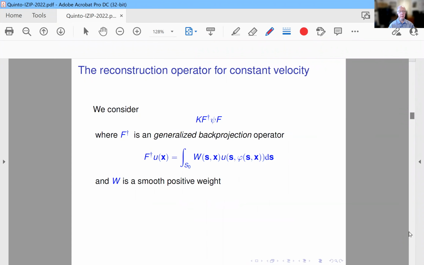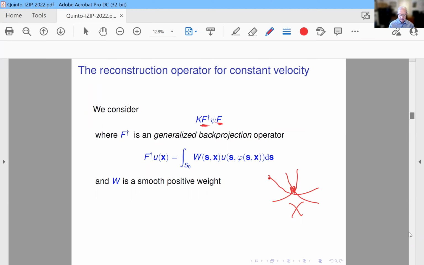And so the reconstruction operator, this is the operator we developed in an article of ours in 2018. We consider the following operator. F is our forward operator. F dagger is a generalized back projection. You know, back projection of a Radon transform, you just pick a point x and take integrals over all of the manifolds you're integrating over that go through x.